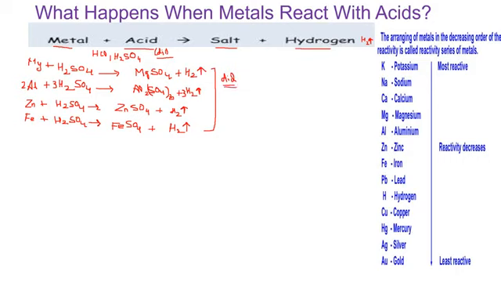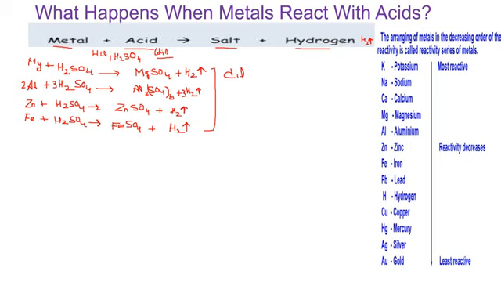Now if you want to find out which reaction is faster, I'll just erase it and make it dilute. How will you come to know which reaction is faster? To know that, we should know the reactivity series.